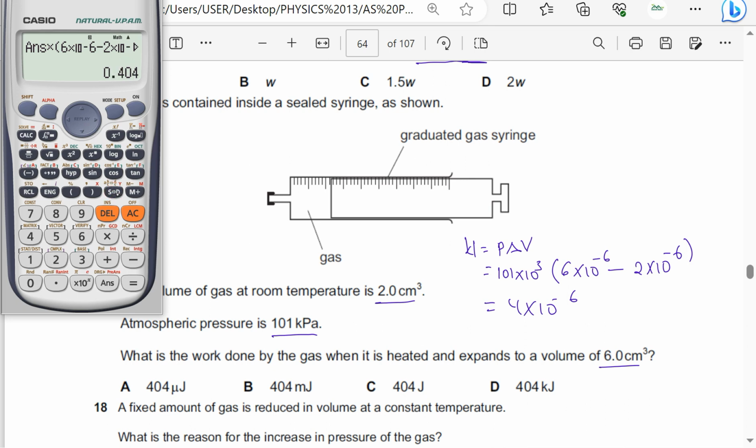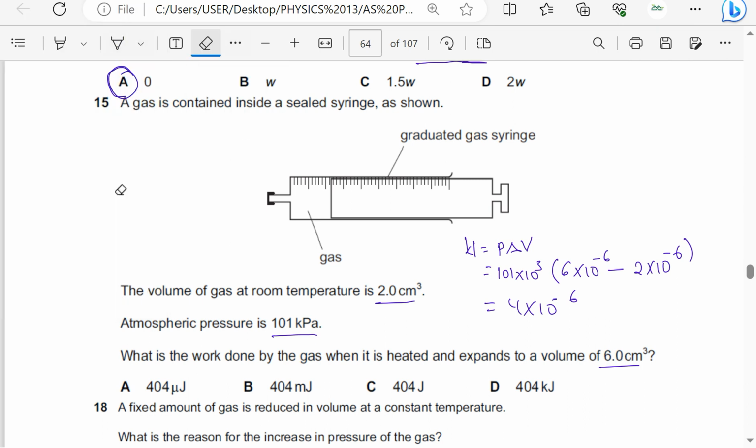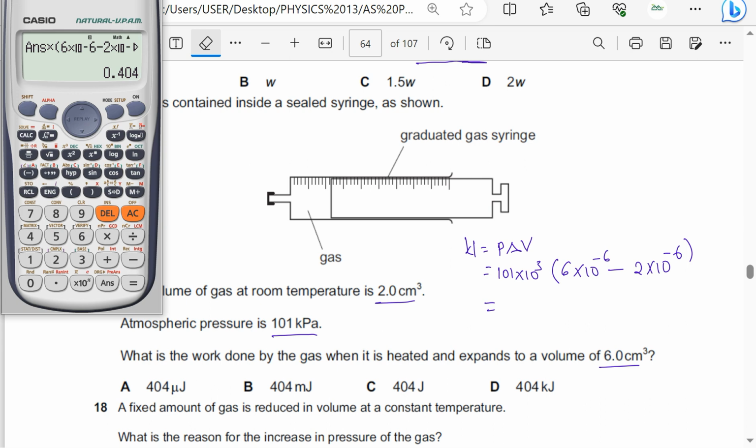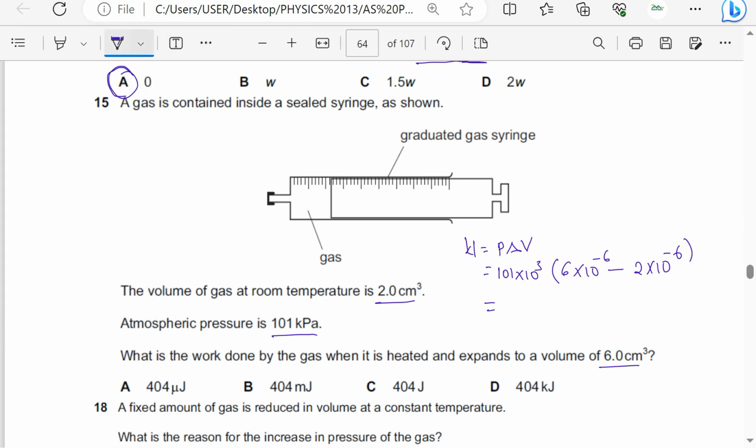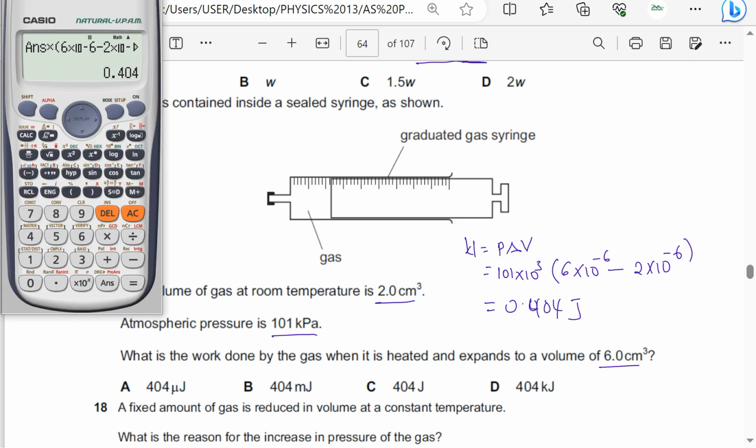Okay, so this is 0.404, that is the work done in joules, 0.404 joules.